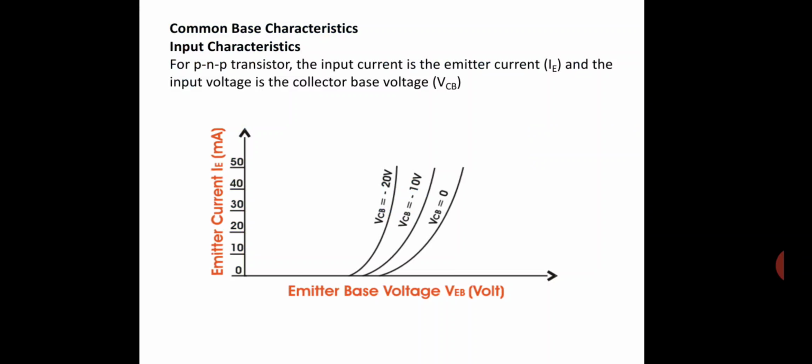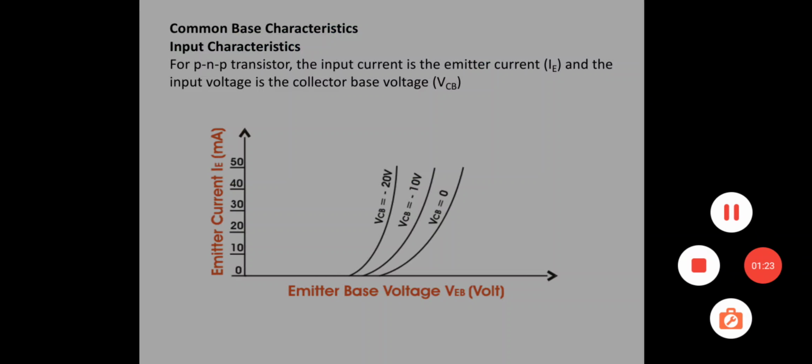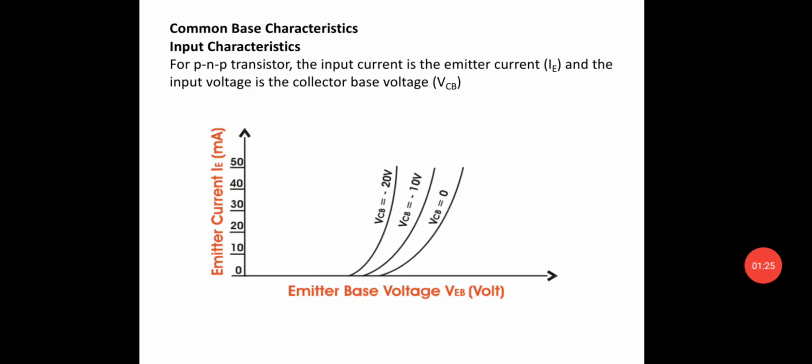As we know, BJT has three terminals: emitter, base, collector. The function of the emitter is to transmit the charge.